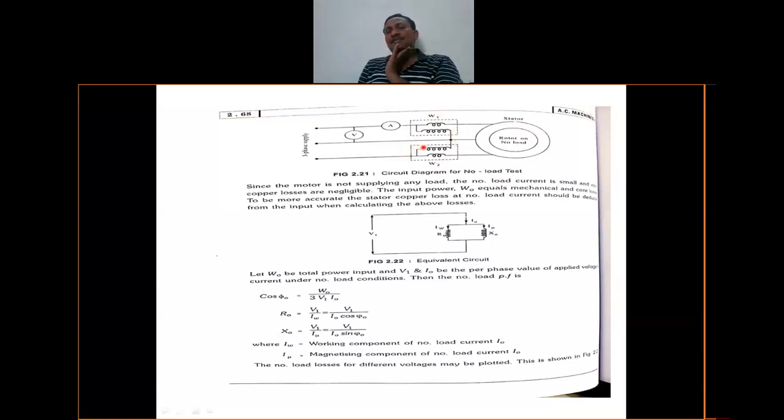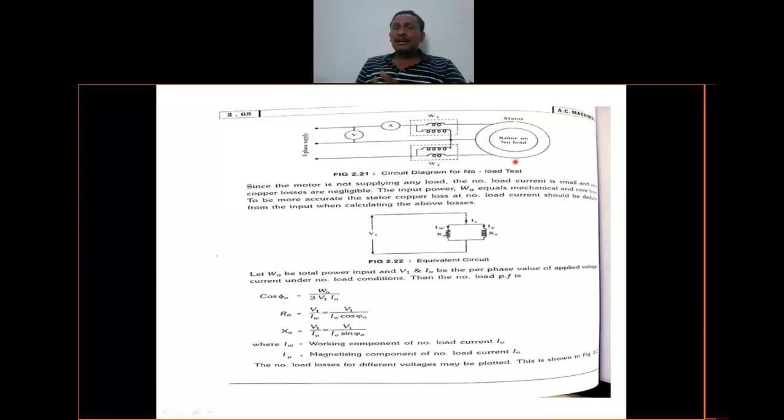So total power, according to the two wattmeter method, is obtained by adding the two wattmeter readings, W1 plus W2. That gives the total three phase power. How much power is required for this motor to run under no load condition?